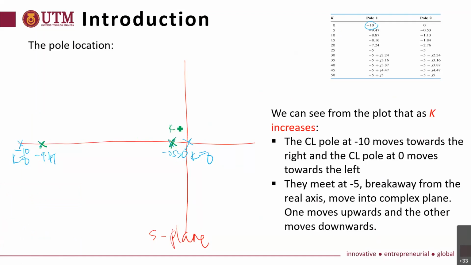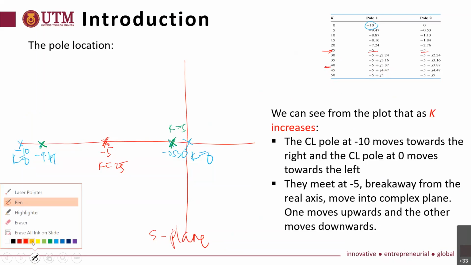K is now 5. We also increase again until, let's say, 25. When K is 25, the pole is here. There are 2 poles at the same point: minus 5, minus 5. When we increase K, let's say 40, the poles are minus 5, plus and minus j3.87.